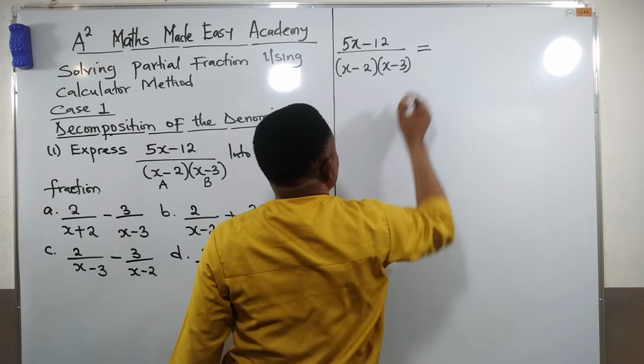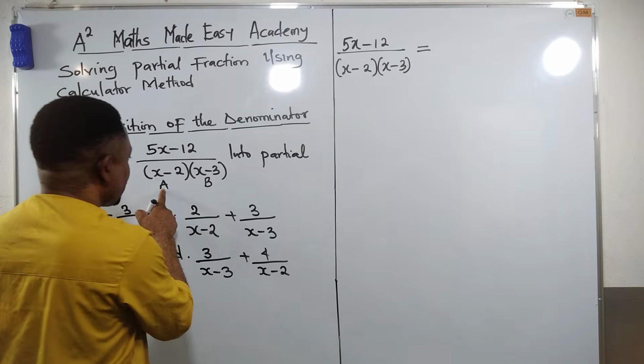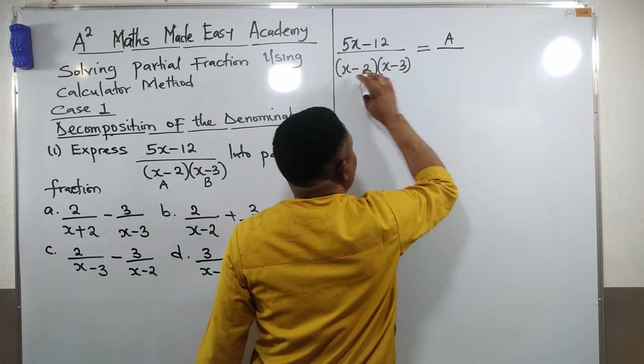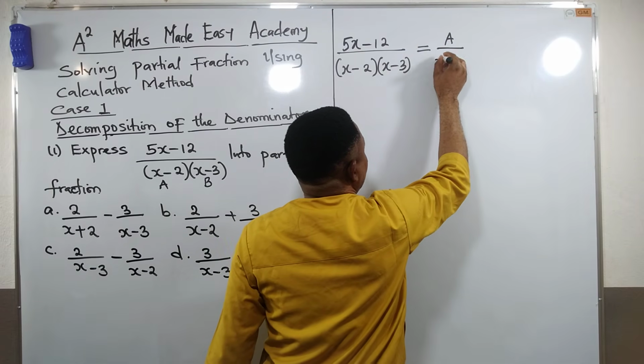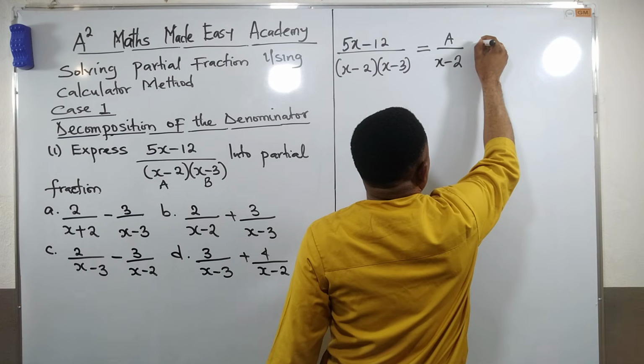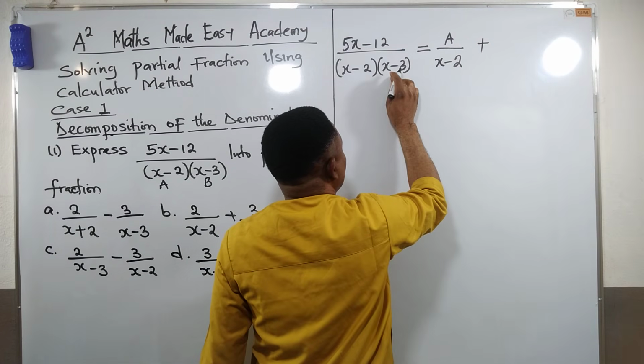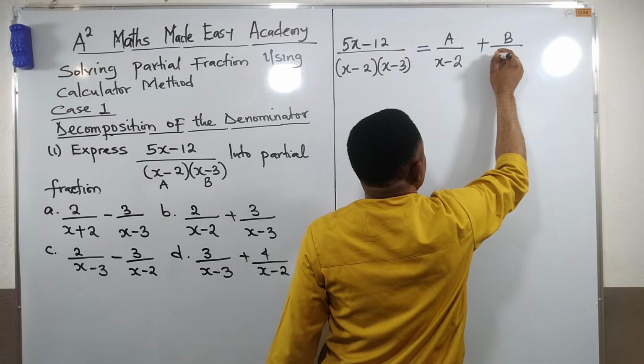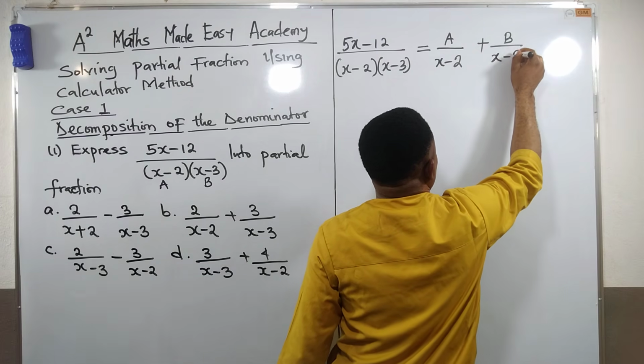Then express it: it's now equal to A, written at the numerator, divided by the linear factor, x minus 2, the first one. Then you add, move to the second one, which is B, also divided by the second one, x minus 3.